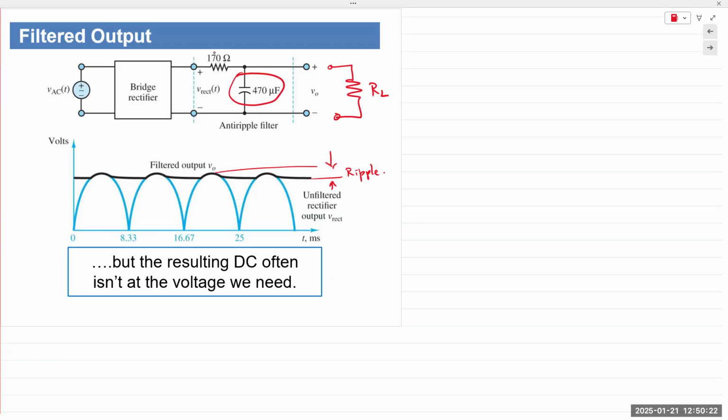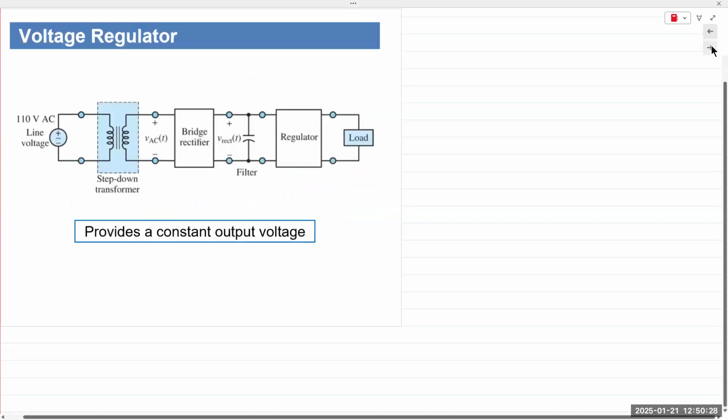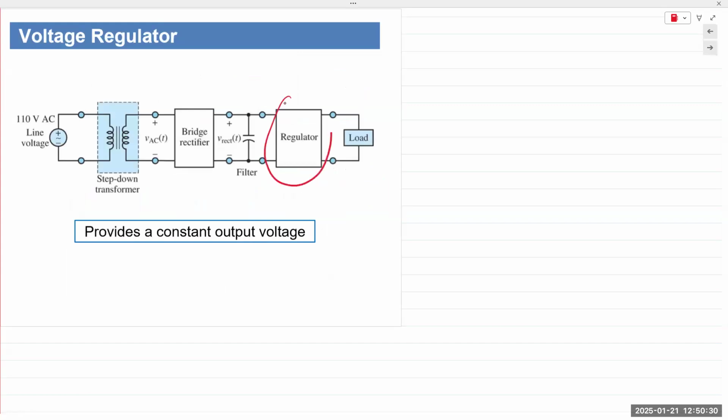That's where a voltage regulator comes into the picture. So we would take this output and we would connect it to a regulator circuit. The regulator circuit would take the DC input, the filtered DC output from the previous step, the filtered rectifier output.